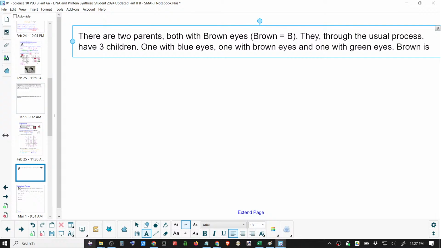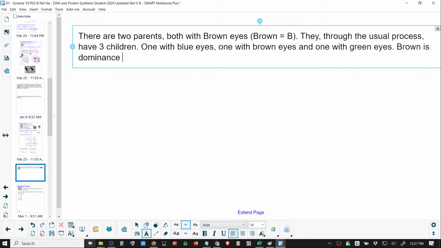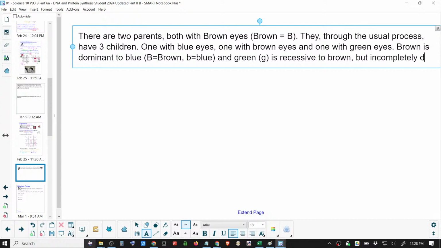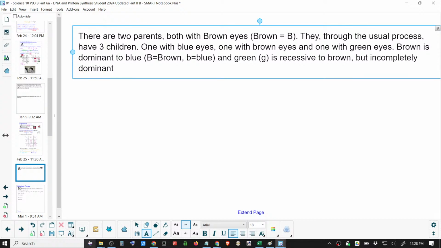Brown is dominant to blue. And green is recessive to brown, but incompletely dominant to the blue.